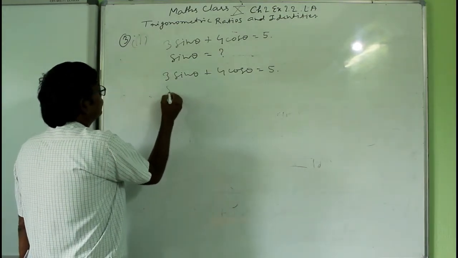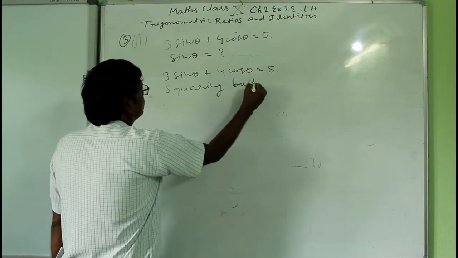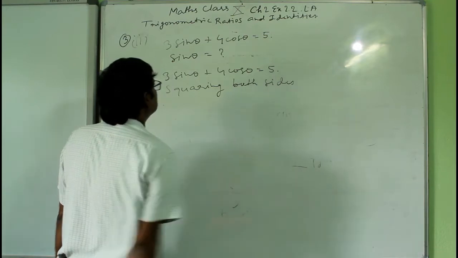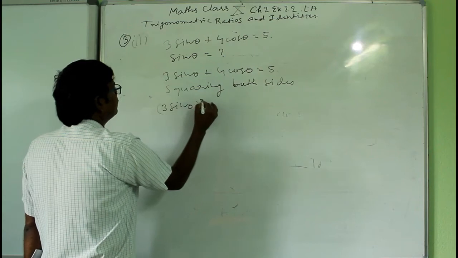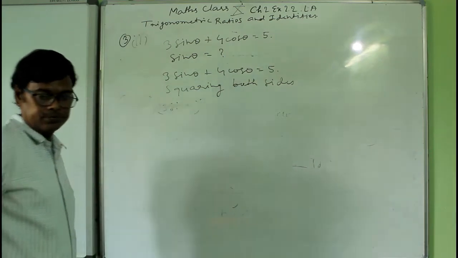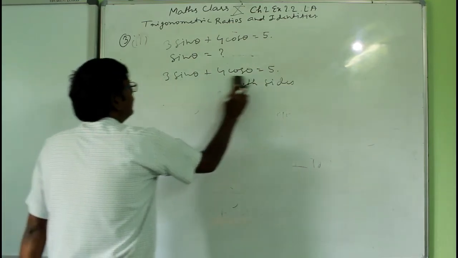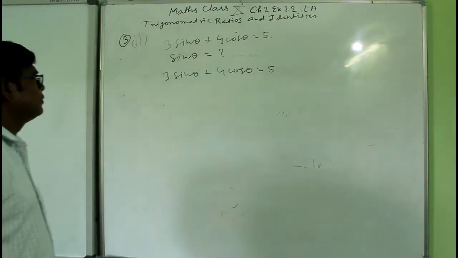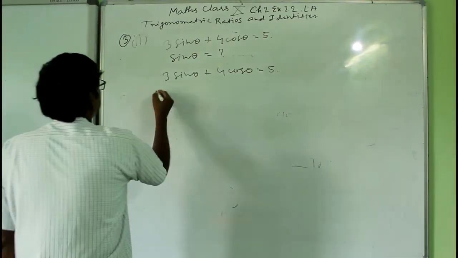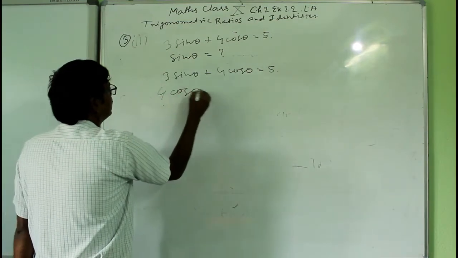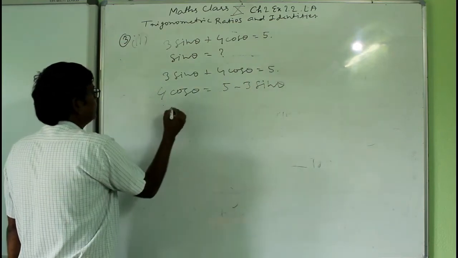Here 4 cos theta equals 5 minus 3 sin theta, that will be better. Now squaring both sides.